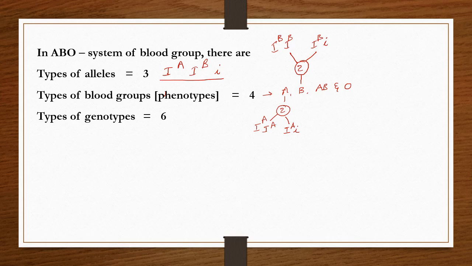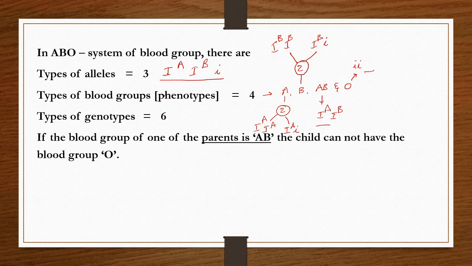That's a total of four, plus the AB blood group having only one genotype, that is IA IB, and the O blood group having only one genotype, that is small i small i. So in total, two for A, two for B makes four, one makes five, and one more makes six genotypes. So in the ABO system of blood group, the total number of alleles is 3, the total number of phenotypes is 4, and the total number of genotypes is 6.